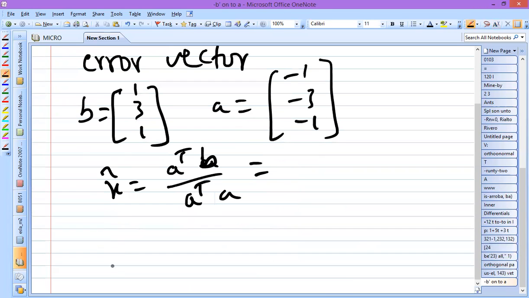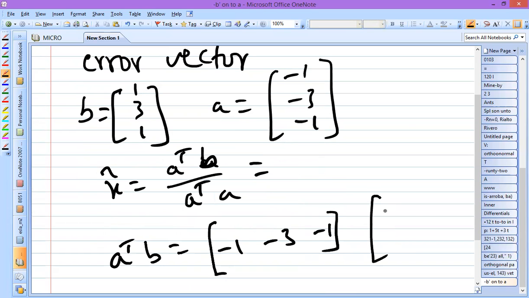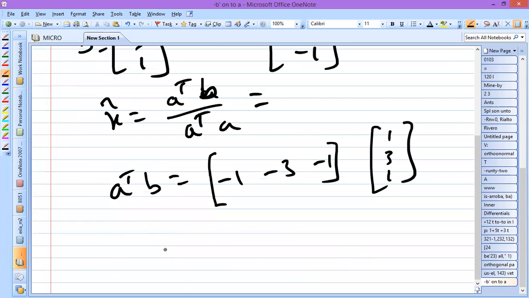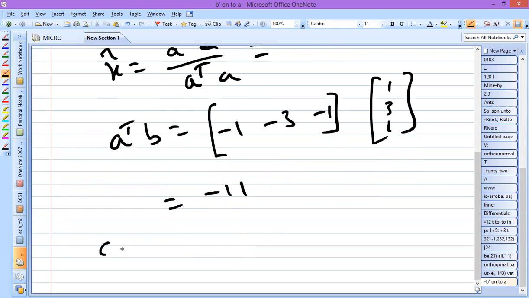How much is A transpose B? A transpose, that is minus 1, minus 3, minus 1 row wise, with column 1, 3, 1. This is equal to how much? Minus 11. What about A transpose A? This is plus 11, right?